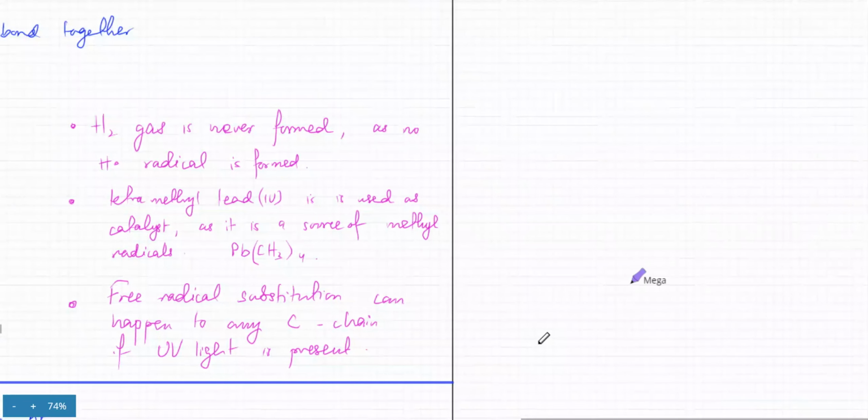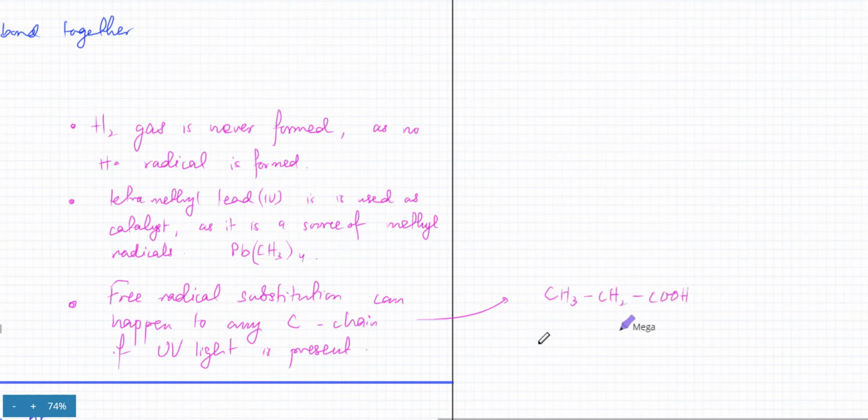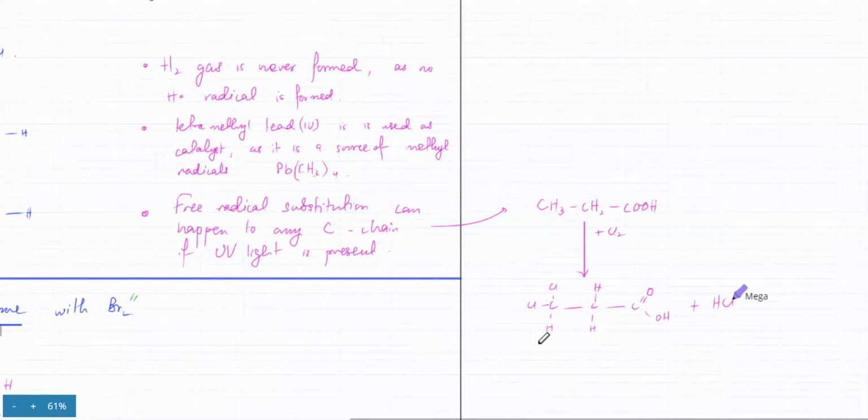For example, if you have a carboxylic acid, a propanoic acid molecule, and you react it with Cl2 under UV light, what's going to happen is that, since it's a random reaction, any of the hydrogens in propanoic acid could be substituted by Cl, and HCl would be produced as a byproduct.